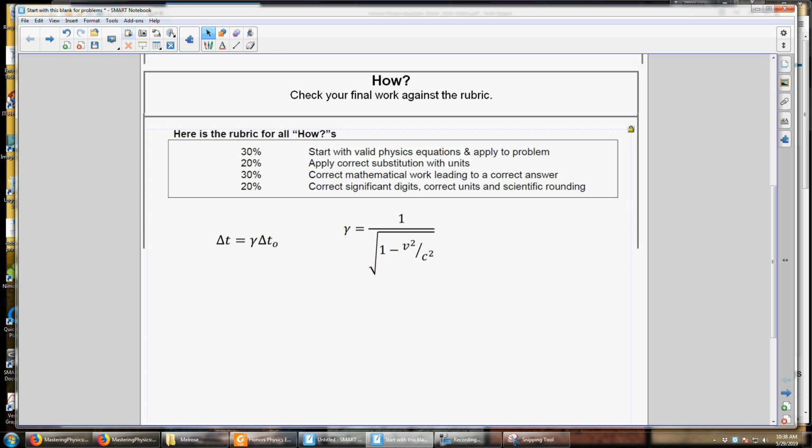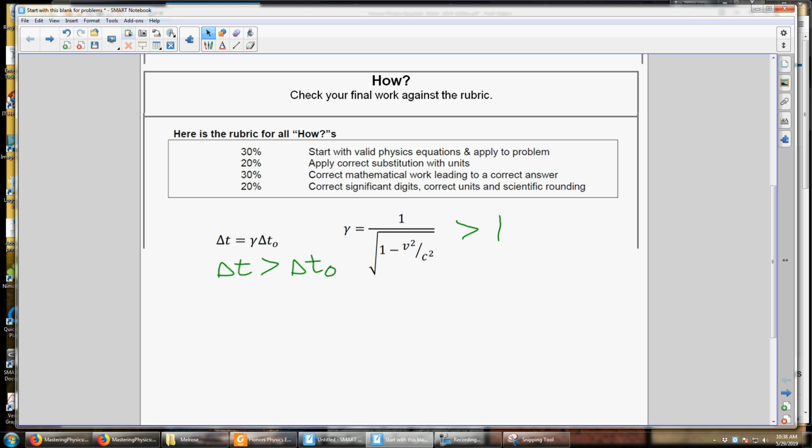All right. Keep in mind that delta t is always greater than delta t naught, since gamma is always greater than 1, right? Because we did that last time when we were going over the example problems.